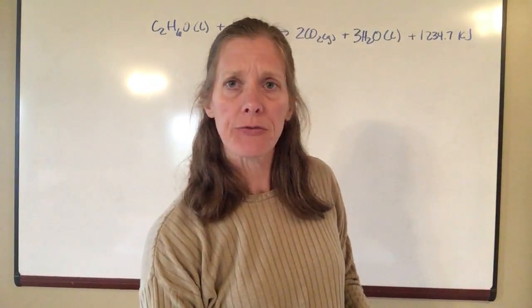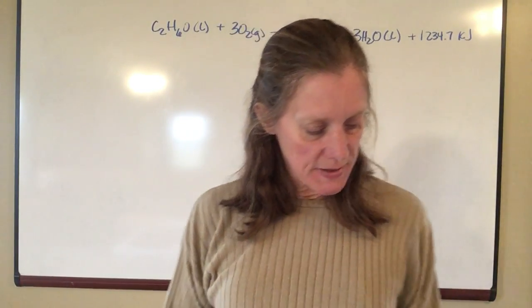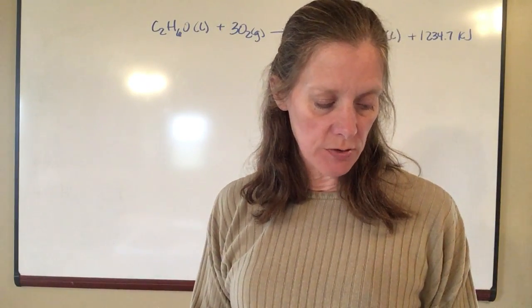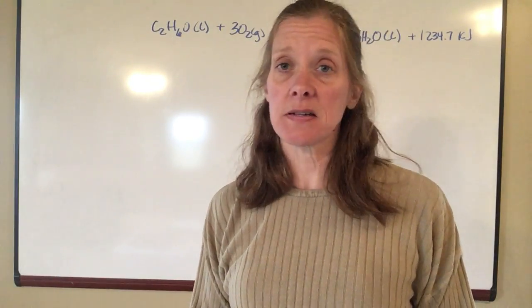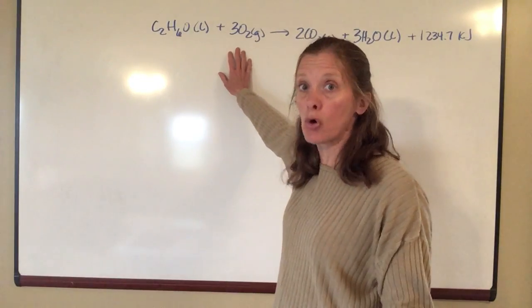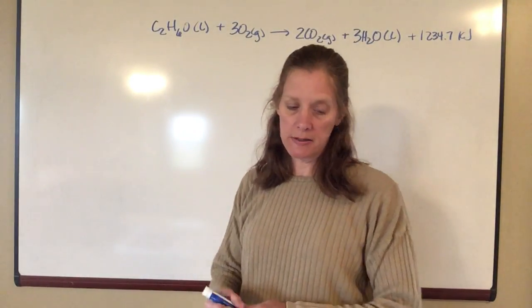And then if you look at the sample problem that we're working, I said how much energy can be produced by burning 150 grams of ethyl alcohol in excess oxygen. So if the oxygen is excess, which is normally the case in a combustion reaction, this is going to be our limiting reactant.